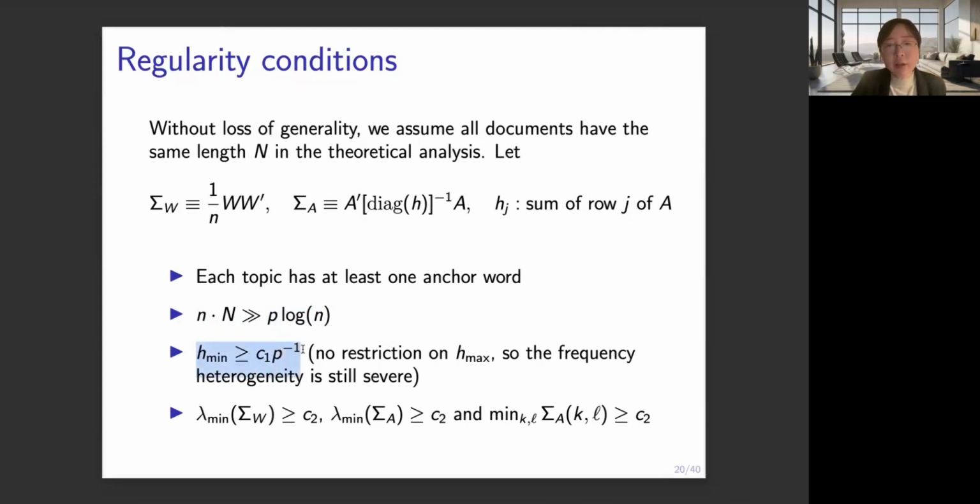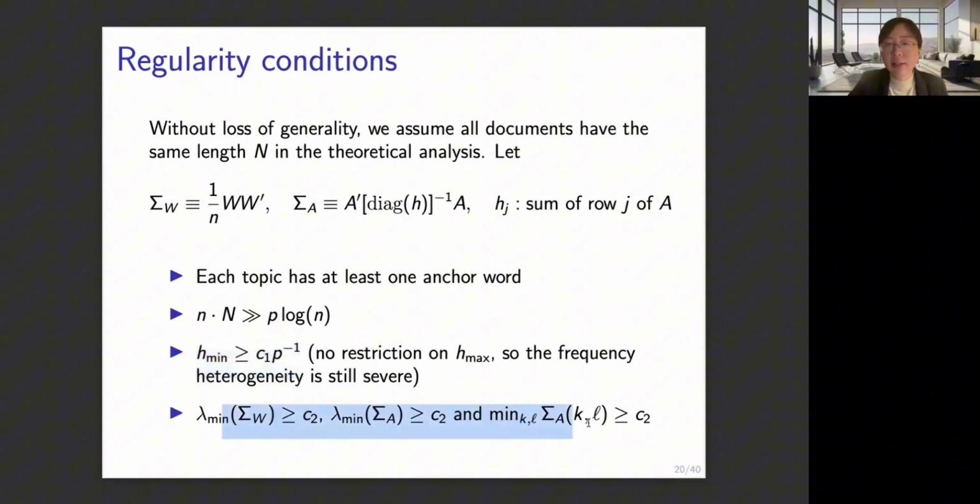Then we notice that in practice, people almost always do pre-processing by removing those extremely low frequency words from the dictionary. So this requirement puts a mild condition on the lower frequency words, and we assume that those really low frequency words have been removed in pre-processing.